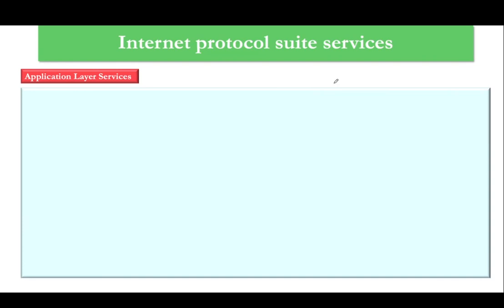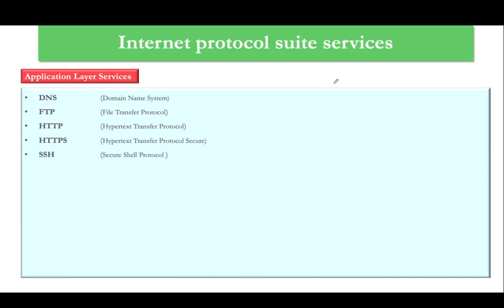In this application layer, you can find different services known as domain name system, file transfer protocol, hypertext transfer protocol, hypertext transfer protocol secure, telnet, that is teletype network, dynamic host configuration protocol, simple mail transfer protocol, simple network management protocol, transport layer security and secure socket layer protocols, border gateway protocols, and so on. It goes on.